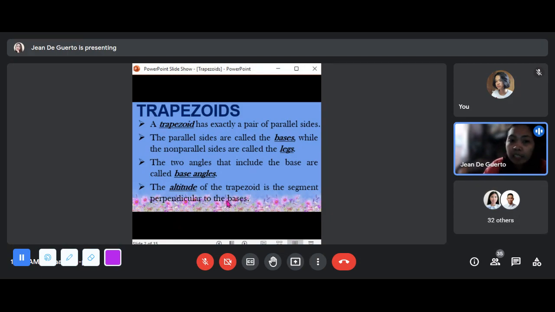Okay? In case of a trapezoid, the altitude is actually a perpendicular line from the two bases. So it starts from one of the vertex along the base perpendicular to the other side or to the other base.